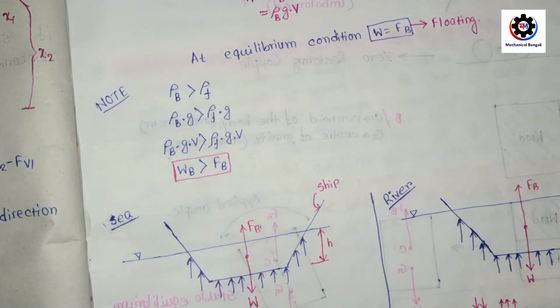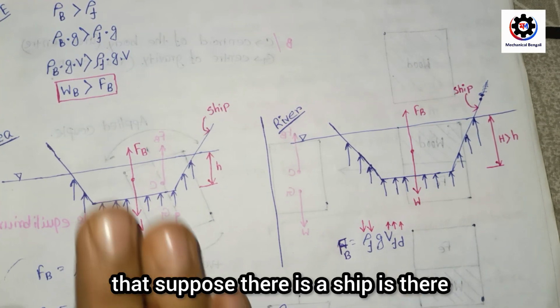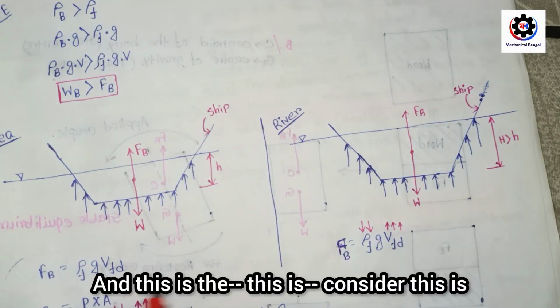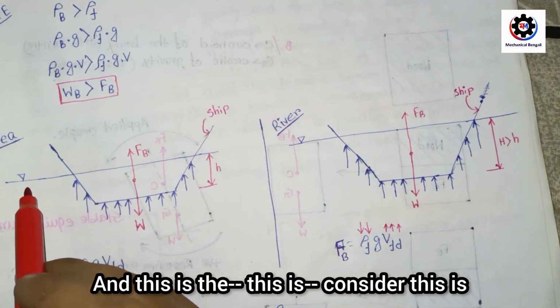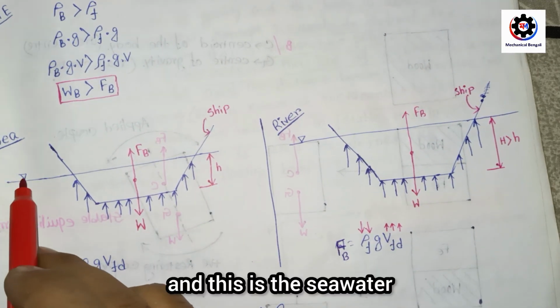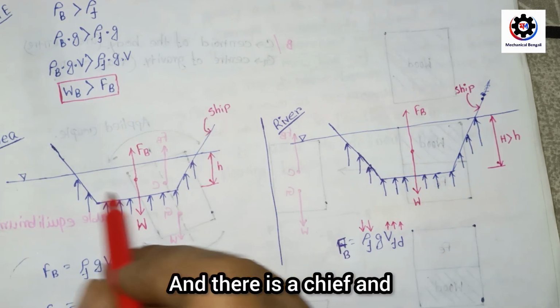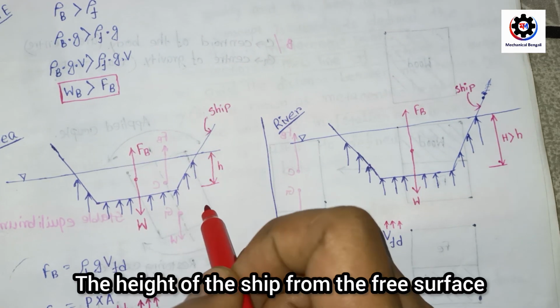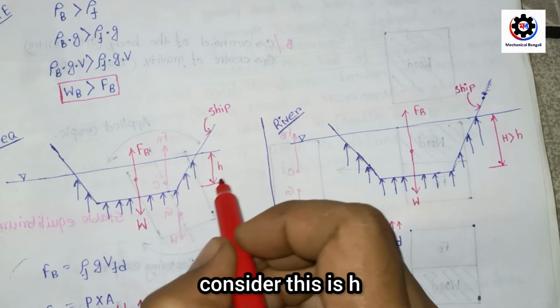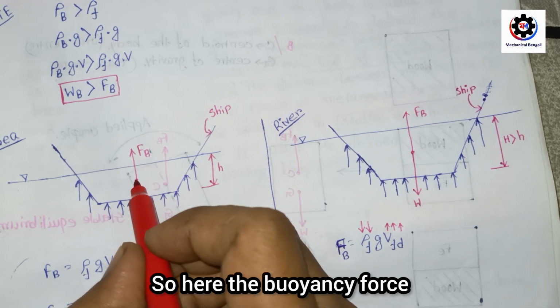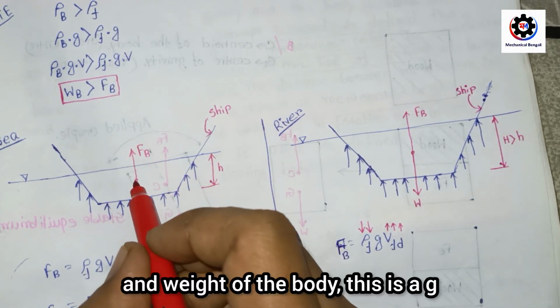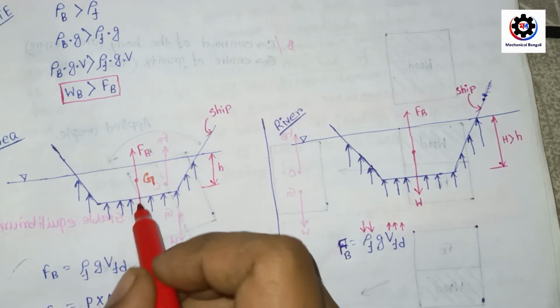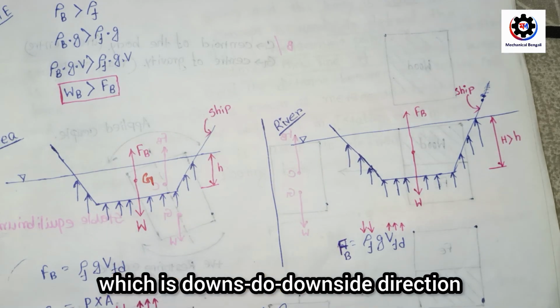Okay, now the concept is that, suppose there is a ship, and this is seawater, and this is the seawater free surface. Now there is a ship, and the depth of the ship from the free surface, consider this is h. Here the buoyancy force acts in the upward direction, and the weight of the body, with G as the center of gravity, acts in the downward direction.